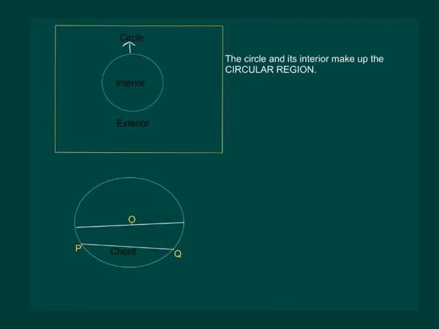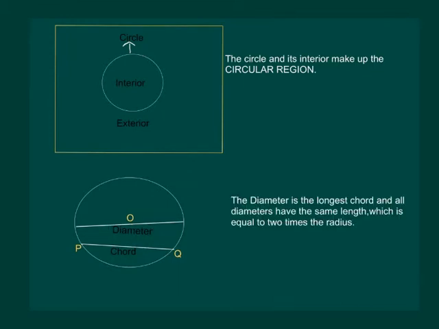The chord that passes through the center of the circle is called diameter of the circle. Note that the diameter is the longest chord and all the diameters have the same length, which is equal to 2 times the radius.